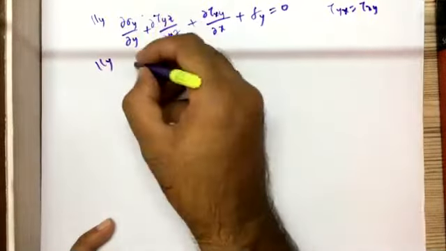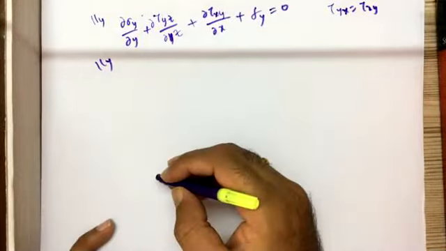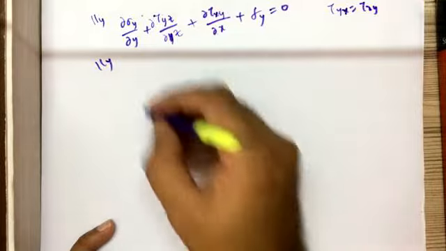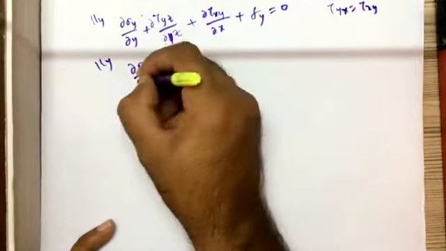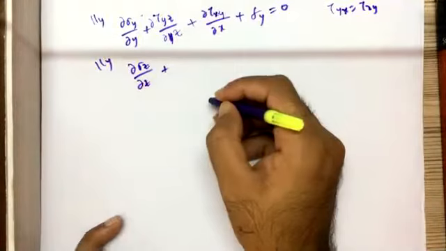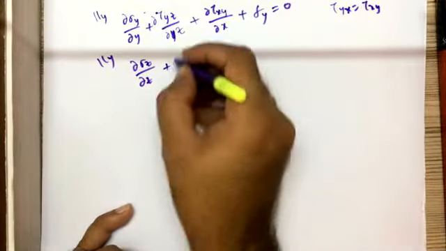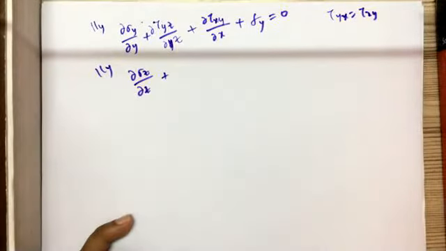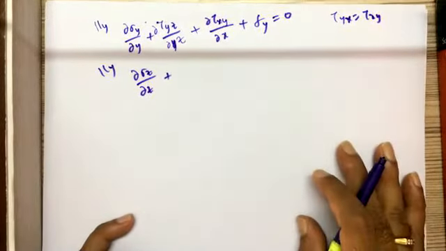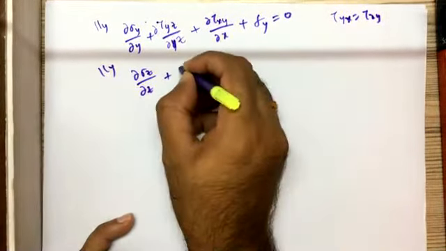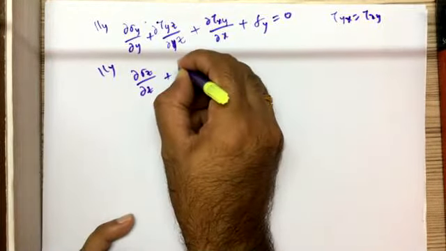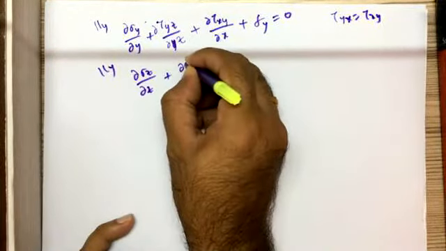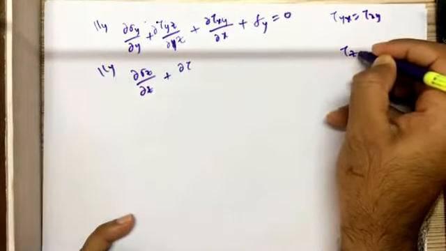Now you just try to write for the z direction. ∂σz/∂z plus ∂τ, z should be common.